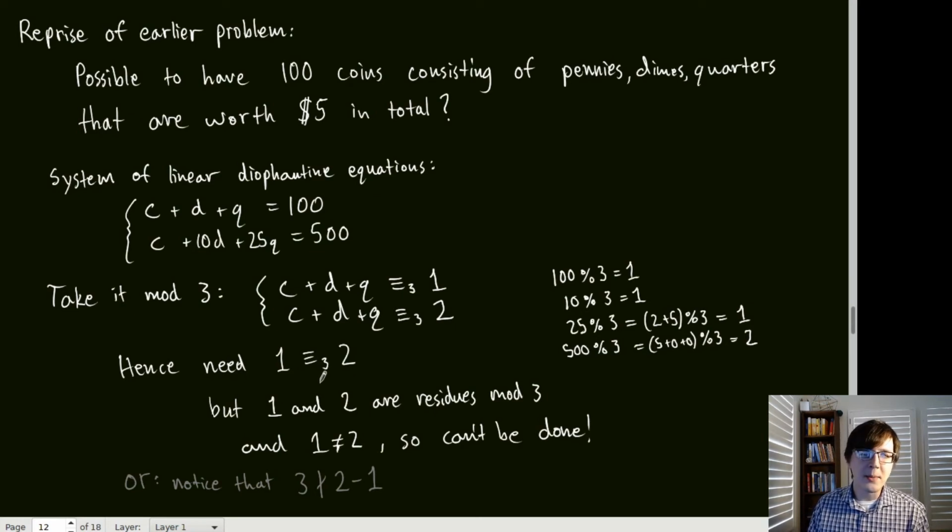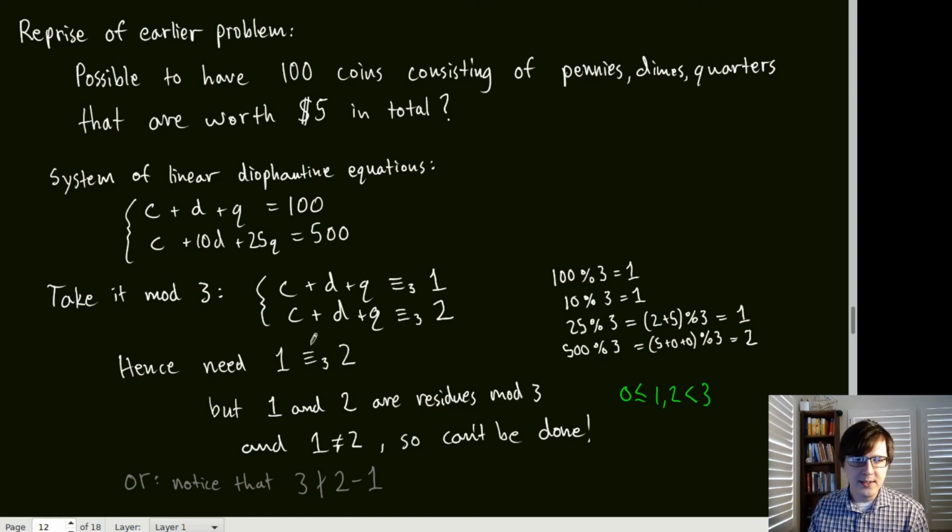Now there are a couple things that we can do to close off the argument. One is that since 1 and 2 are both residues mod 3, so they're greater than or equal to 0 and less than 3, then because they're not equal, that means that they can't be congruent.